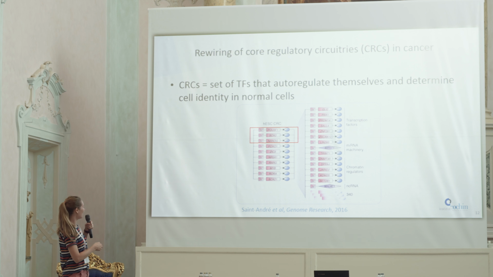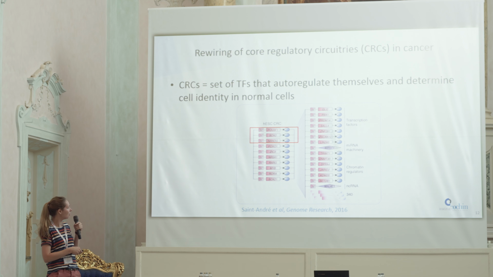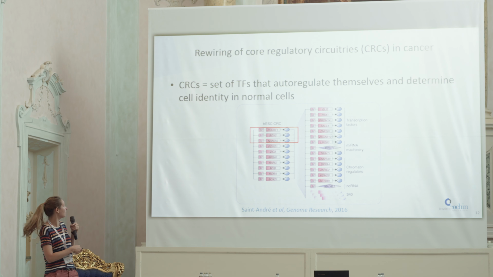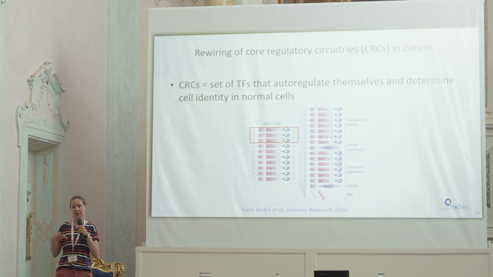So if you ectopically activate these 3 transcription factors plus 1, I think LIN28B or MYC, you can reprogram fibroblasts into induced pluripotent stem cells. So the fact that you see this core CRC, including OCT4, SOX2, and NANOG, by doing this analysis shows that the method probably works.